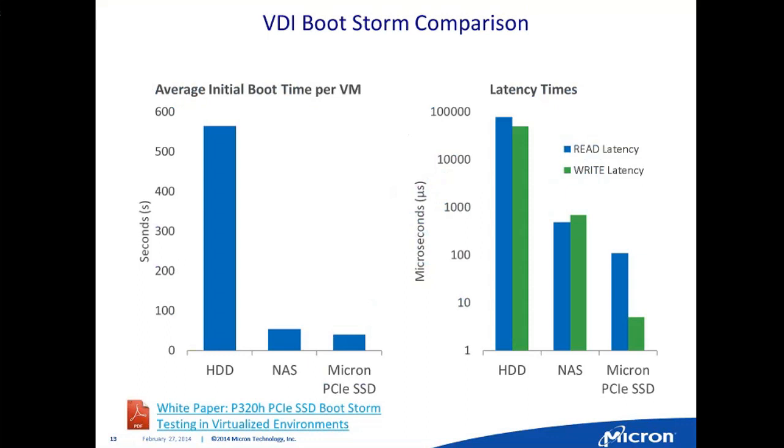This is an example with one PCIe card competing against an entire filer, competing against a hard disk array. And you can see that even from a latency perspective, which was also brought up as part of the conversation, the SSDs do help a significant amount with the latency, but there are aspects where even in this case, the true benefit of the PCIe SSD and the read latency isn't there because the bandwidth can't take it.